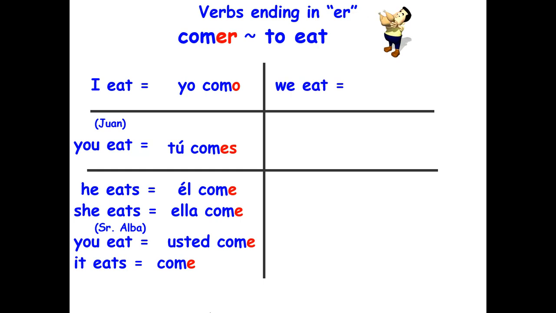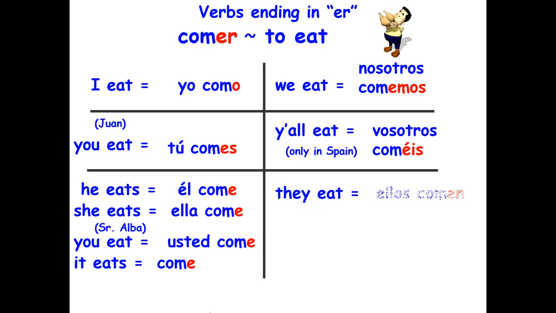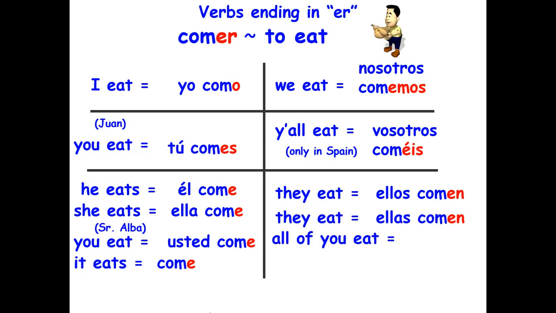For nosotros, we eat, take off the ER and add emos, nosotros comemos. Y'all eat, if you're in España, take off the ER and add éis, vosotros coméis. They eat, if it's guys or guys and girls, ellos comen. They eat, if it's chicas only, ellas comen. And all of you eat, ustedes comen. Como, comes, come, comemos, comen.